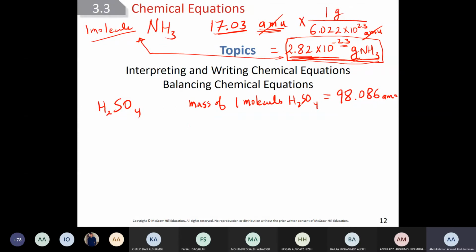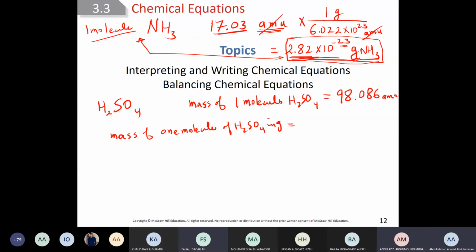I hope everybody is getting it from the periodic table. Now, what's the mass of one molecule of H2SO4 in gram? What should you do?